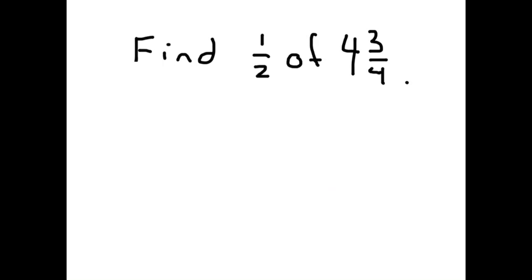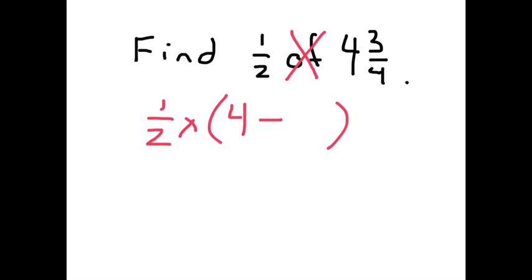So, anytime you see half of something, that means half times that number. So we got 1/2 times 4 3/4. Okay, now we got to give that half. We've got to take half of both of those numbers in the parentheses.